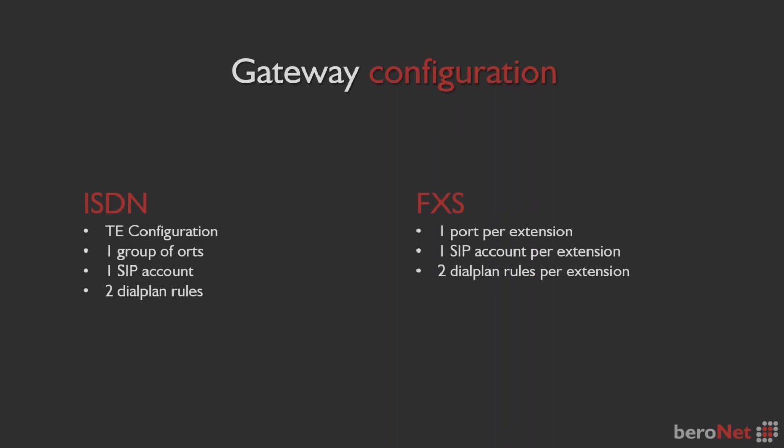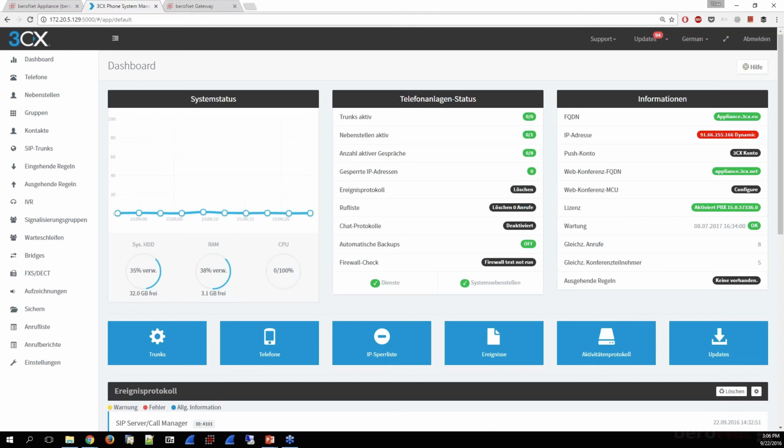For FXS, we would have one port per extension, one SIP account per extension, and two dial plan rules for each extension. So if you have lots of analog devices you want to connect to your 3CX, the configuration of those can be quite long. So we created a wizard which enables you to very quickly configure everything. So let's take a look at the configuration and how we can make it.